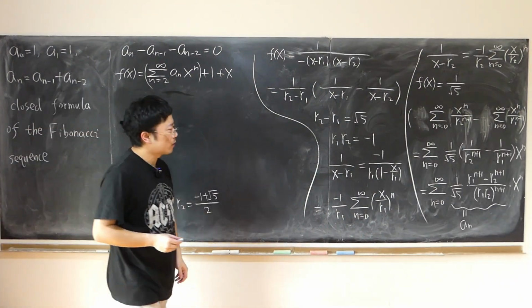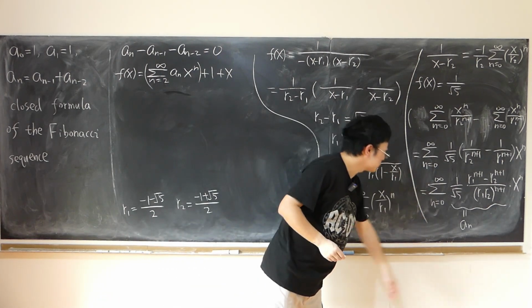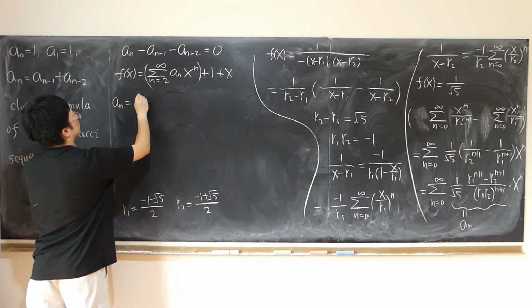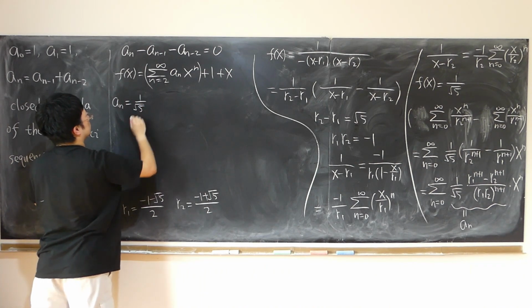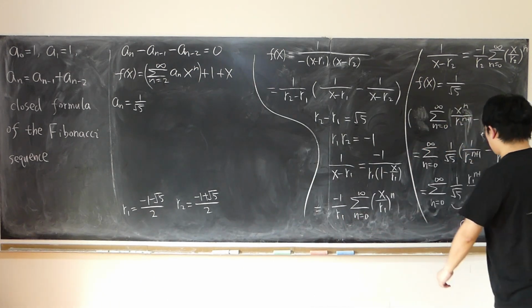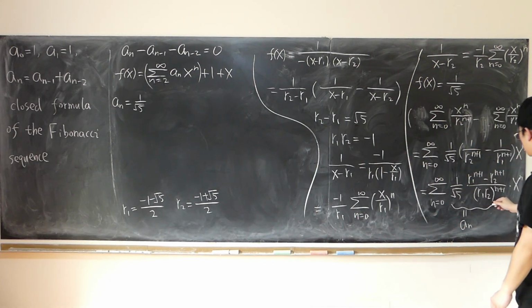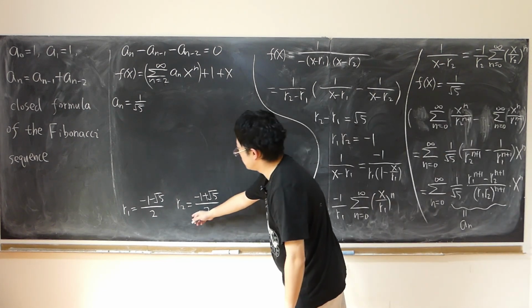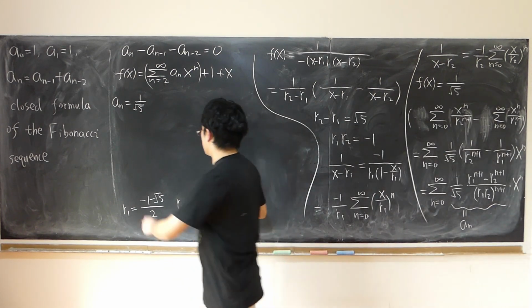Now we can just write down a_n in detail. Now, the a_n is in fact 1 over square root of 5. First of all, r1 times r2, r1 times r2, negative 1. Negative 1 to the power n plus 1. And r1, r2 are known to be the roots, right? We just worked out the roots of the quadratic.